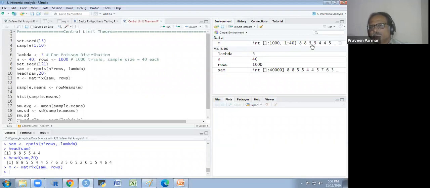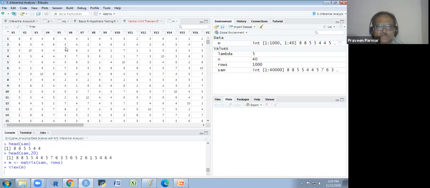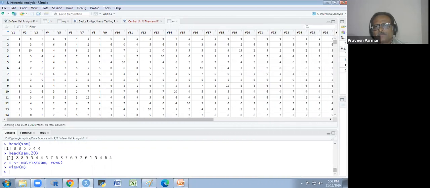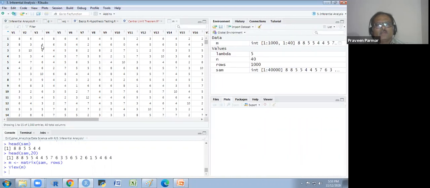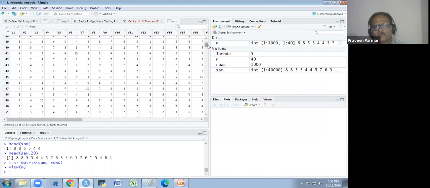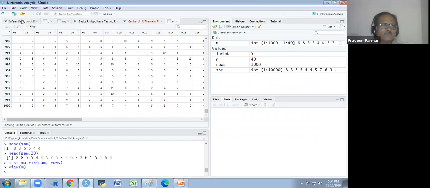Is it clear to you? Yes, sir. You can view it. So this is the matrix: you will get 40 columns and 1,000 rows.